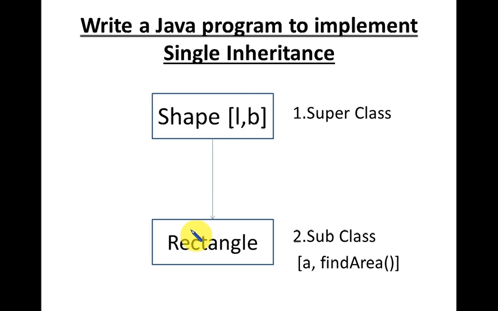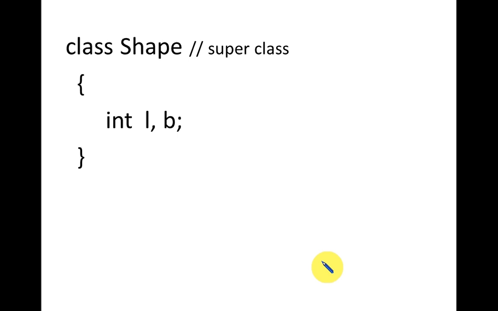Whereas in this rectangle, by inheritance L and B will be automatically inherited. In addition to this we are defining one more variable, that is area, and we are having a user-defined method, namely find area. See this example.